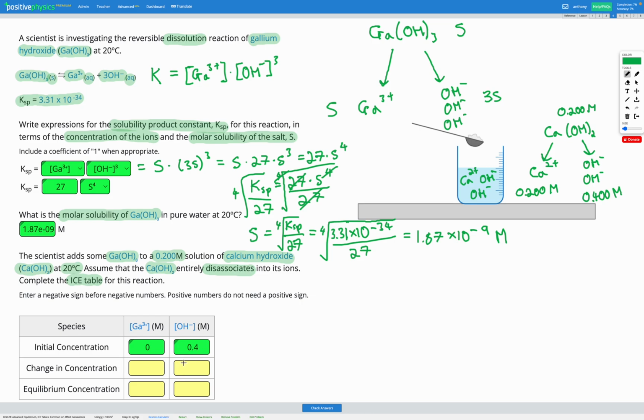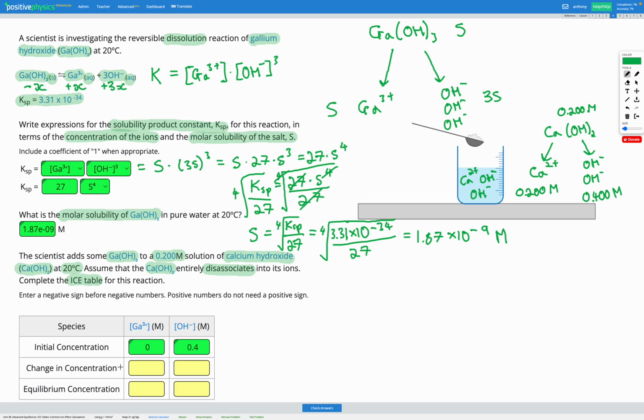Our next step is to figure out our change in concentration. Now, we haven't been given the equilibrium concentration for either of our compounds, but to find the change, we can use our chemical equation to write an algebraic expression for the change in each thing. So if gallium hydroxide, which is a solid, dissolves, so we use up X of gallium hydroxide, we're going to produce X of gallium 3+ ions, and we're going to produce 3X of hydroxide ions because we have a coefficient of 3 there.